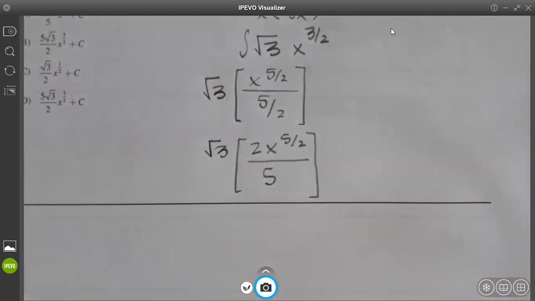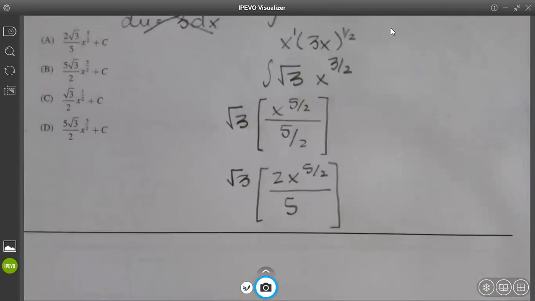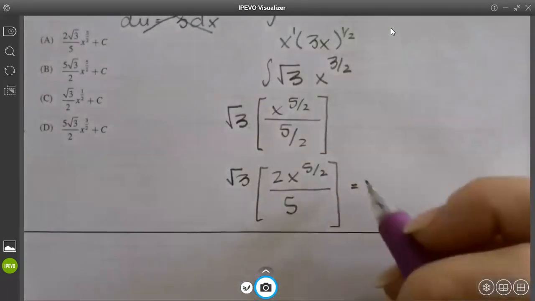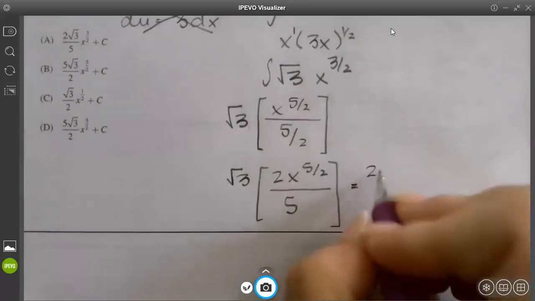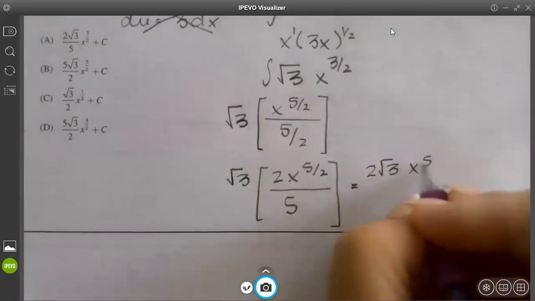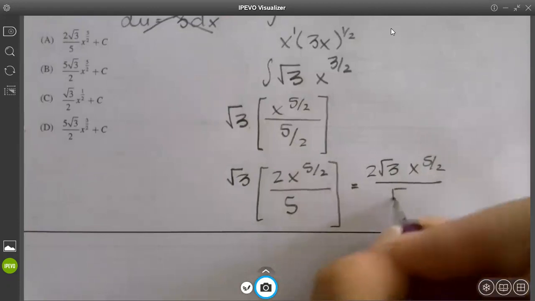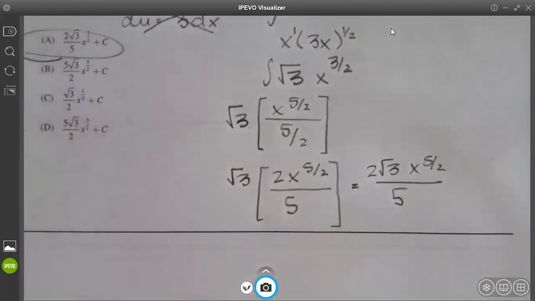And then we just squish them together. So what are we going to have on the top? X to the 5/2. On the bottom, we're going to have 5. Don't forget your plus C. So again, remember, if you can't make your U work, then you're doing something else.